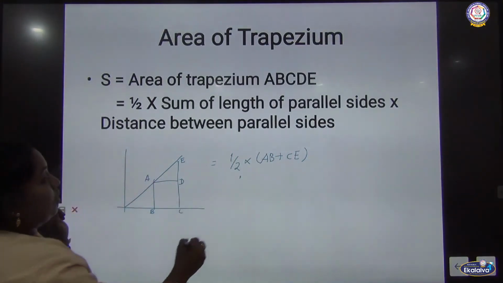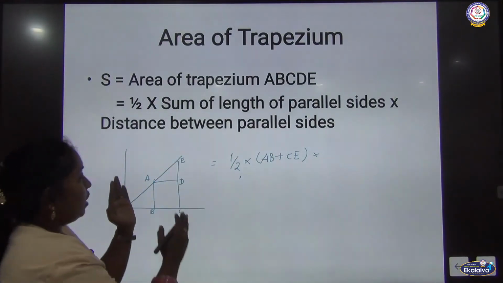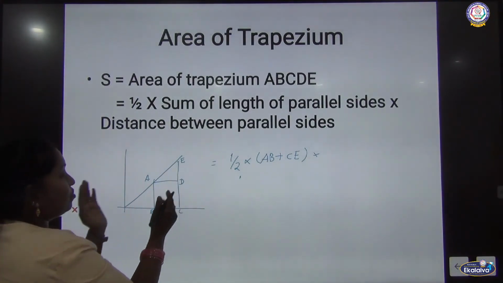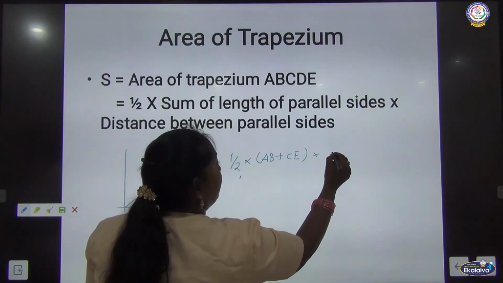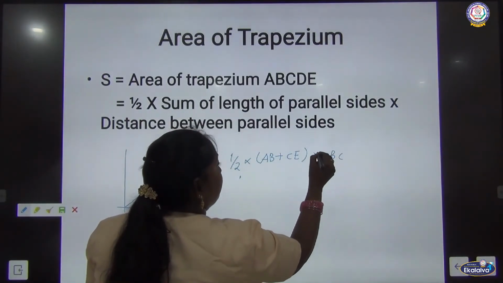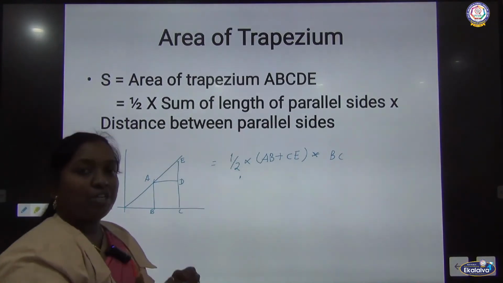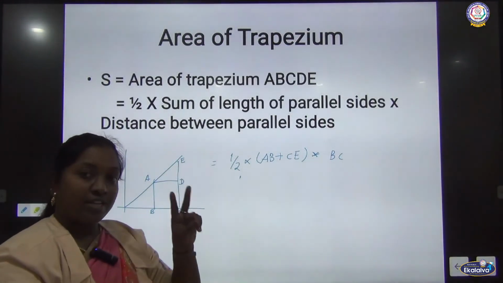Next, into the distance between the parallel sides. These two are parallel, so they are separated by the distance BC. So that should be written as BC. This is how we can calculate the distance with the help of a trapezium also. There are two ways.